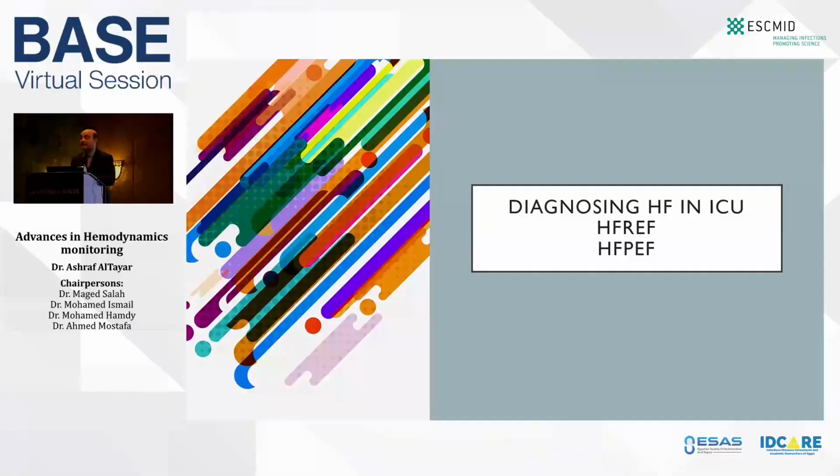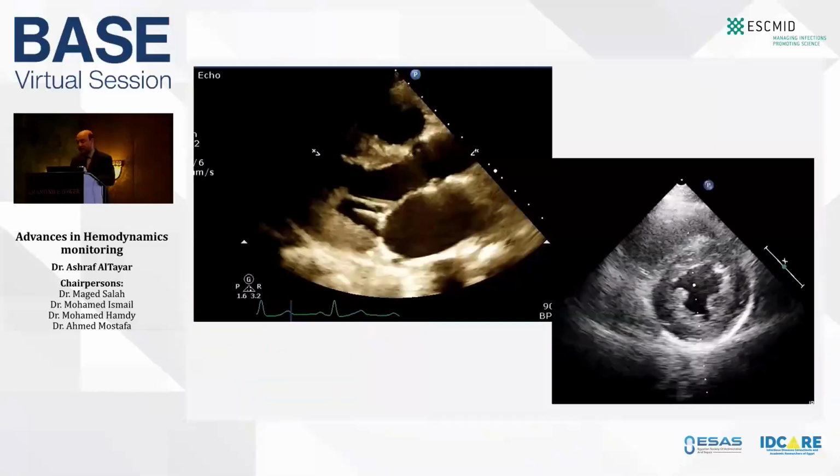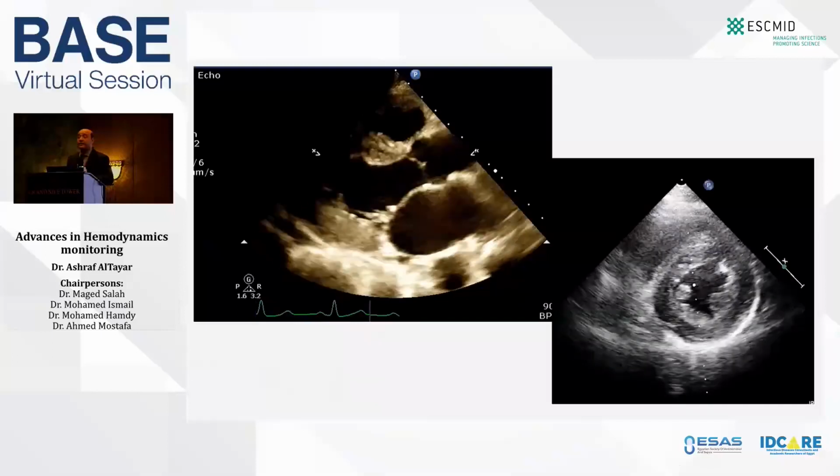One of the issues that we face every day in the ICU is assessing our patient's heart to know if they have heart failure and what type, especially at the time of weaning from mechanical ventilation, because we know weaning induces heart failure. It might be systolic or diastolic, with reduced ejection fraction or with preserved ejection fraction. And we have a lot of controversy about where to fire the M mode.